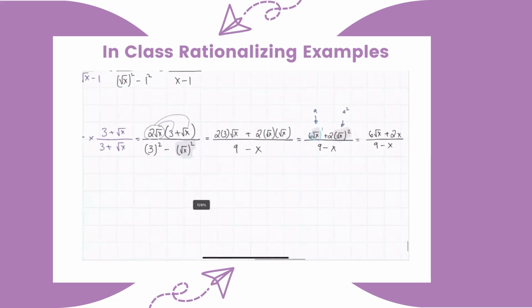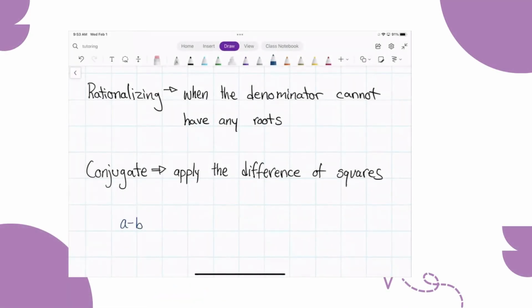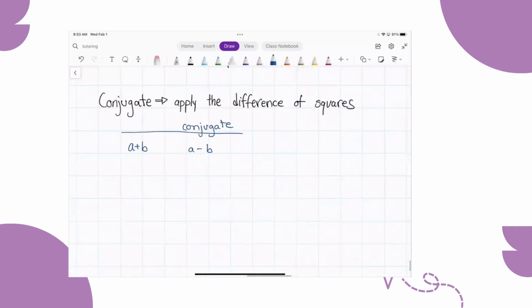So, okay, let me just write this down. A plus b, okay? The conjugate of this would then be a minus b, yeah? Let's do a few more examples over here.